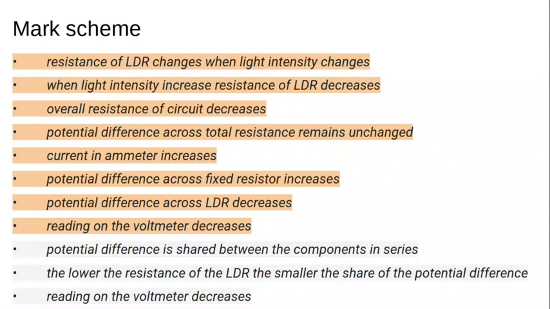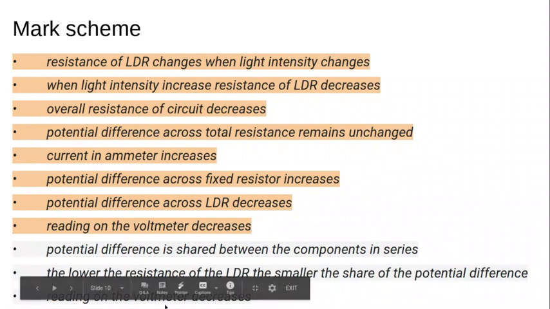So if you've got less resistance, this is just another way of saying what I've said before. If you've got less resistance pushing back in the LDR, then it's going to take up a smaller share of that voltage or potential difference, and the potential difference across the fixed resistor is going to increase. Okay? And I think that is everything. This is just a doubled point up there, so let's ignore that.